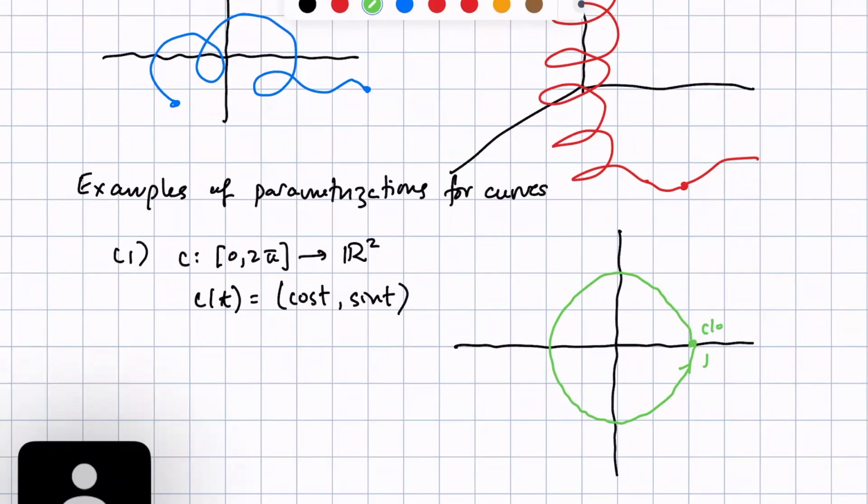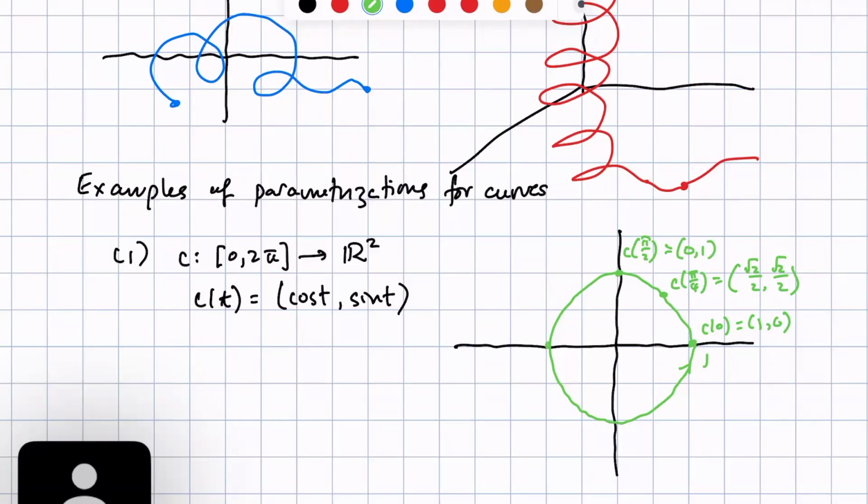So here's C of 0. C of 0 is 1 comma 0. Here's C of pi over 4, which is root 2 over 2 comma root 2 over 2. Here's C of pi over 2, which is given by 0 comma 1.